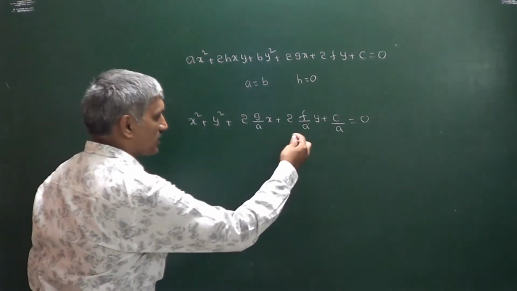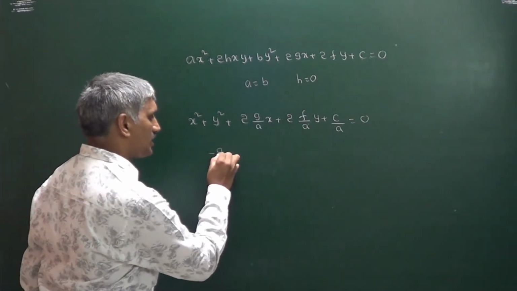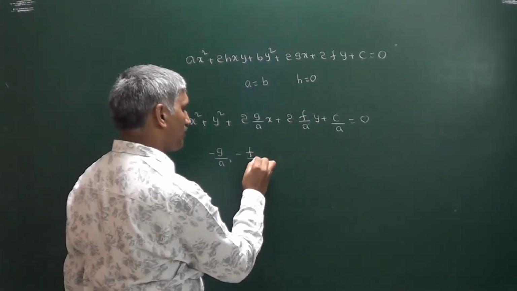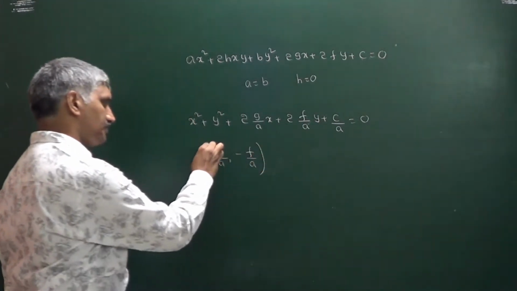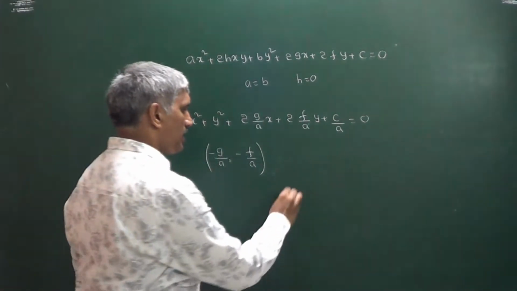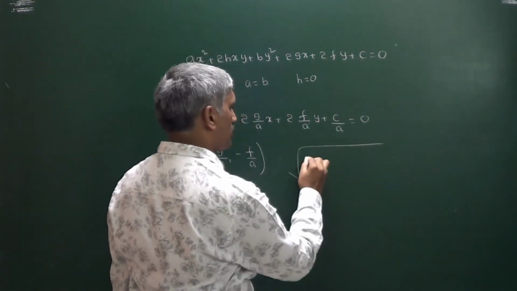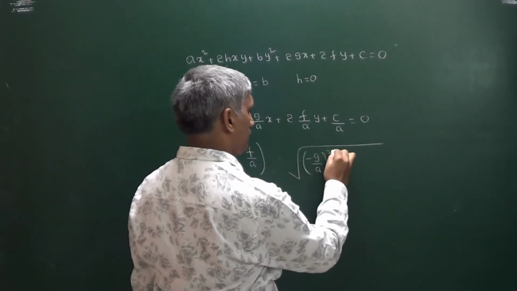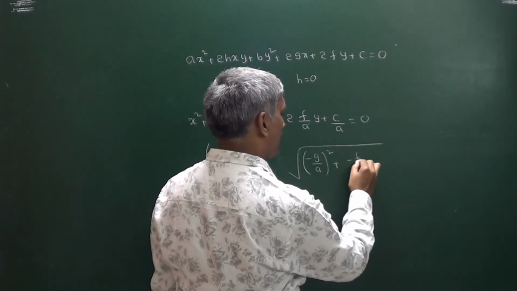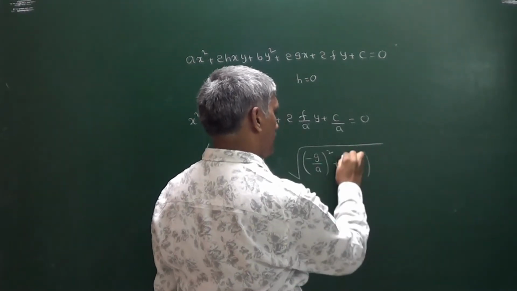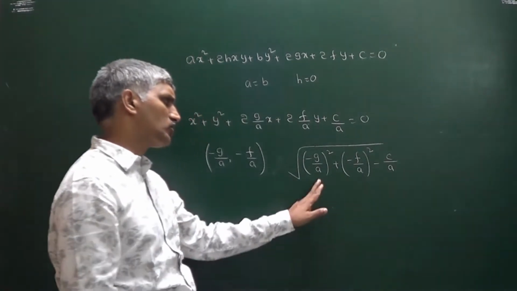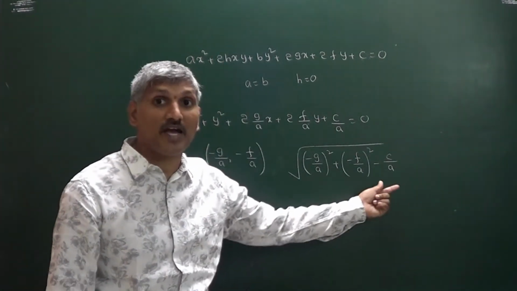Tell me, what is the center for this circle? Center is equal to minus g by a comma minus f by a. And what about the radius? Radius is nothing but the square root of minus g by a whole square plus minus f by a whole square minus c by a, just like g square plus f square minus c.